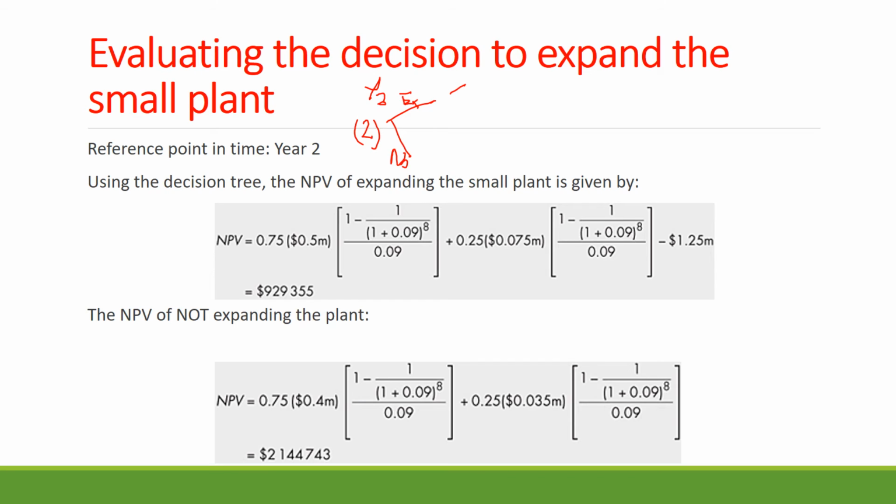If we expand, we have 2 scenarios for the demand, high and low. With the high demand scenario, we get 0.4 million per year, whereas for the low demand scenario, we get 0.075 million per year, right? And because this is starting from year 2, we only have 8 years left, from year 2 to year 10.